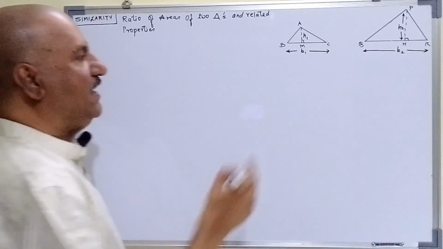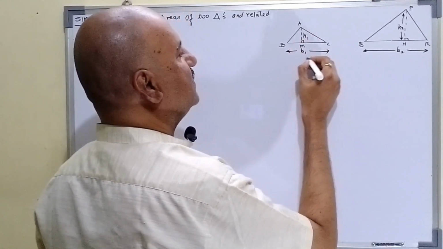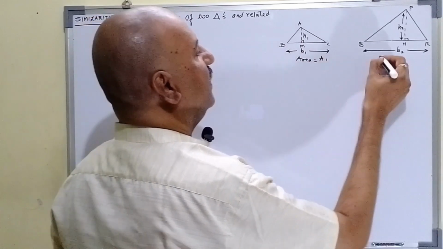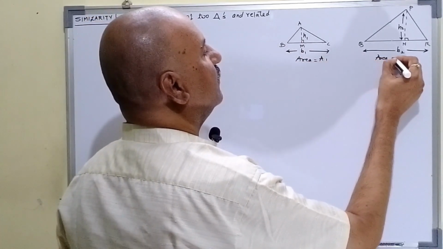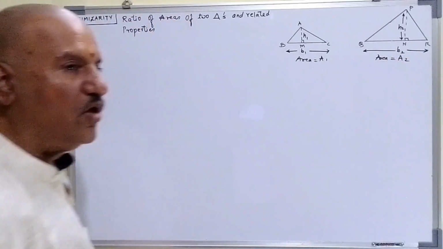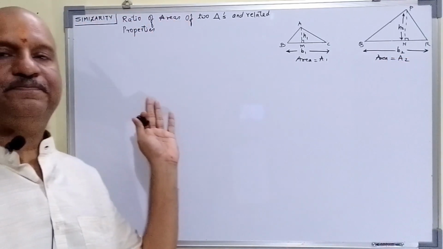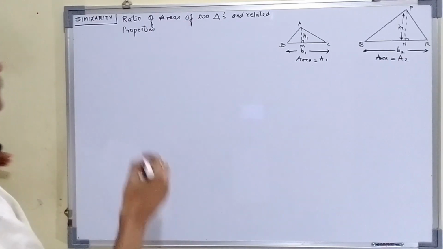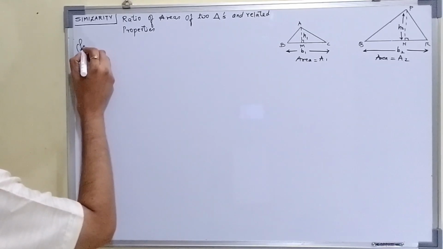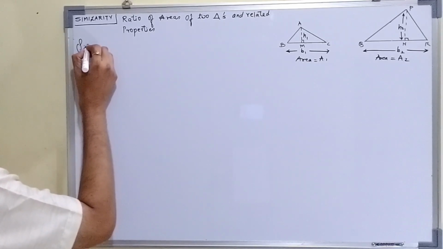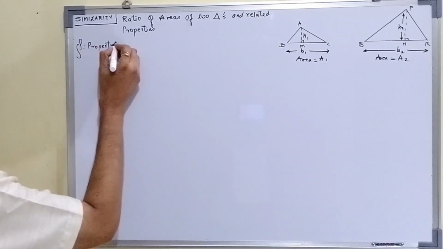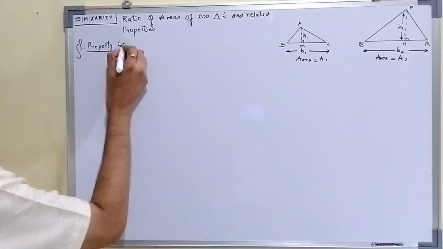And the area of this triangle I call A1, and the area of the other triangle we call A2. So what are we going to prove here? Let's consider the first property. Property 1.